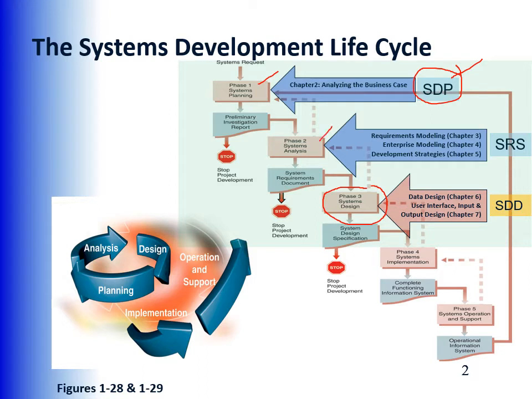Okay, the second phase is system analysis. The purpose of this phase is to build a logical model of the new system. In this phase, you have learned about requirements modeling, interface modeling, and development strategy.